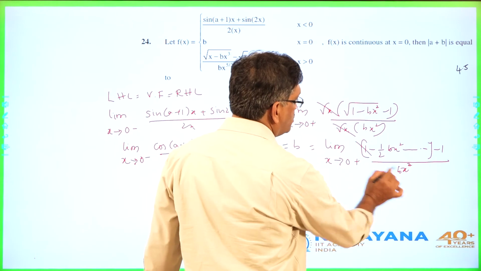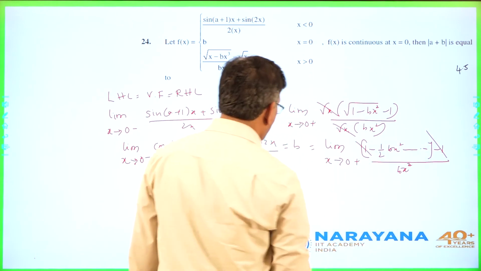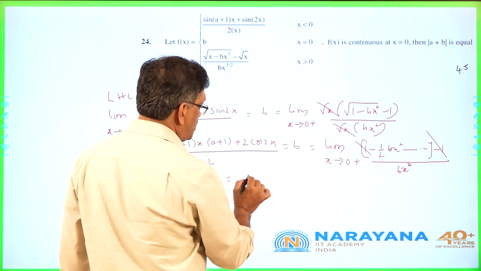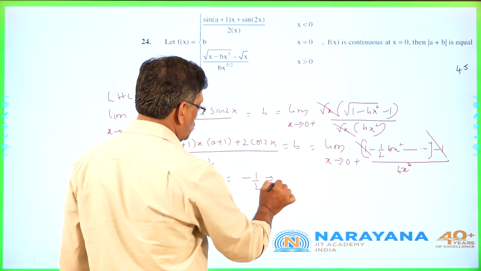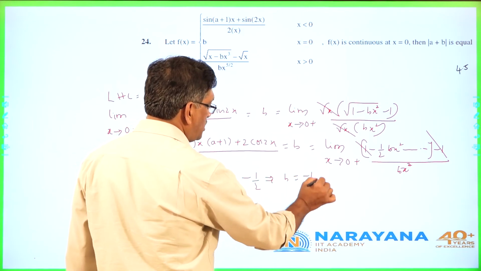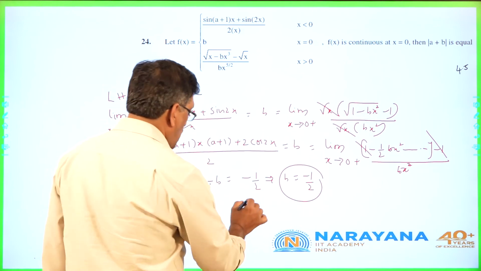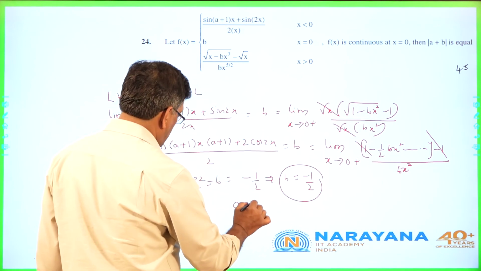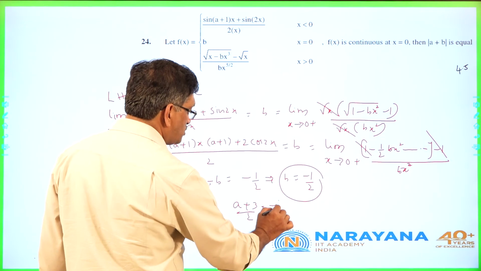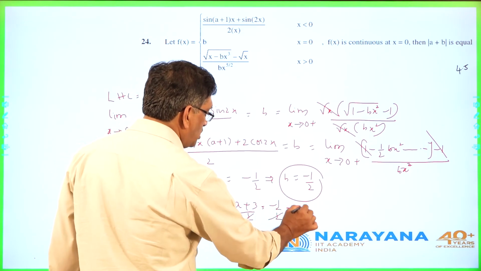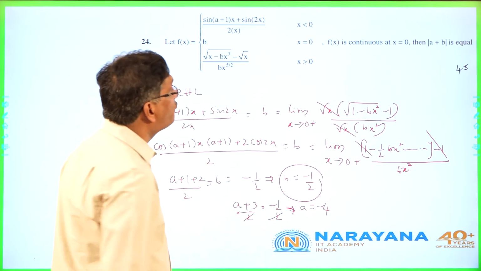This side, bx square cancels, it is minus 1 by 2. You mean b is minus 1 by 2 and a plus 3 by 2 is minus 1 by 2, a is minus 4.